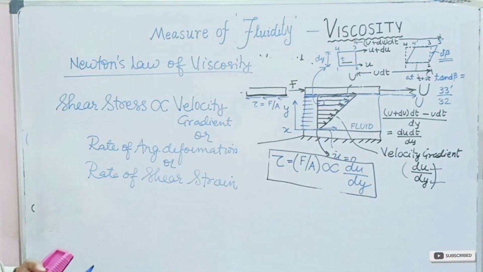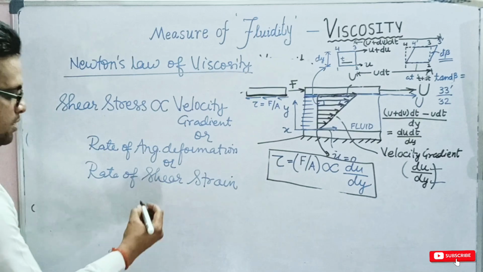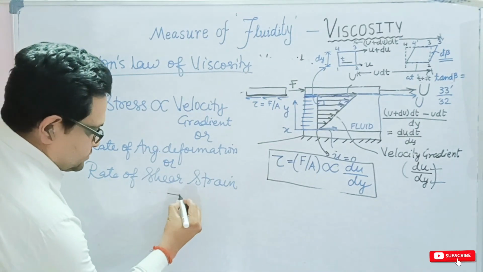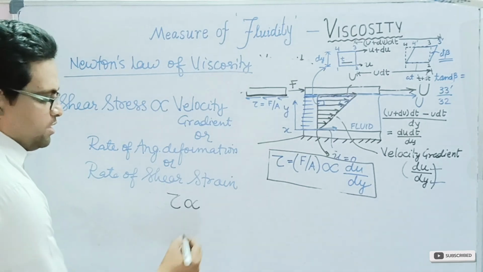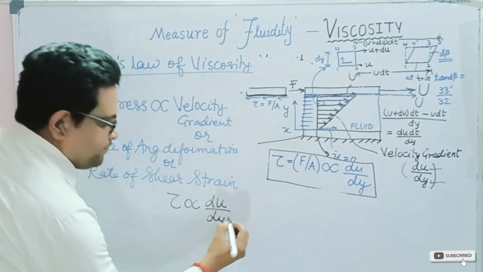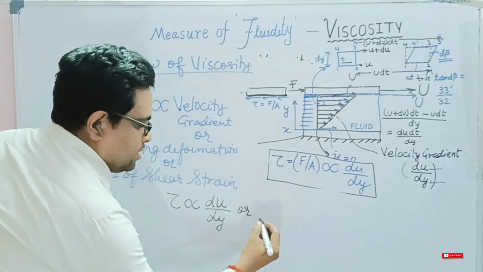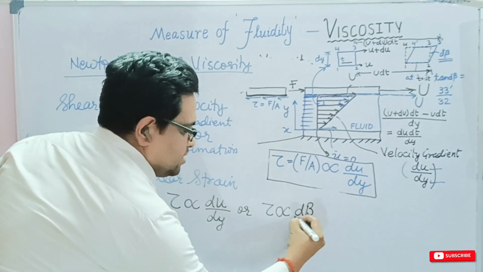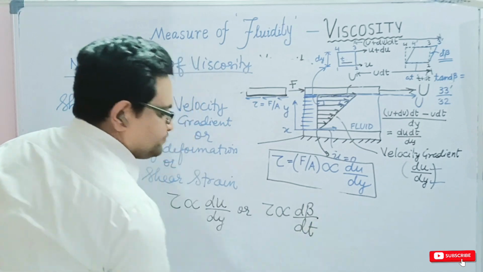So we have tau directly proportional to du upon dy, or tau is directly proportional to d beta upon dt.